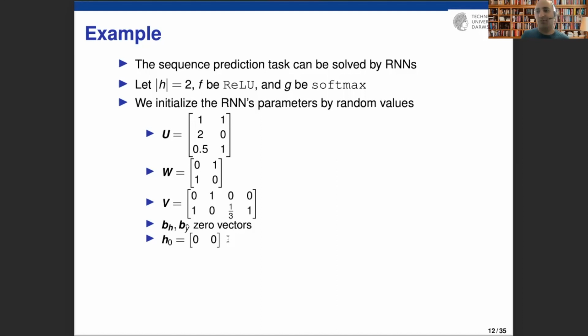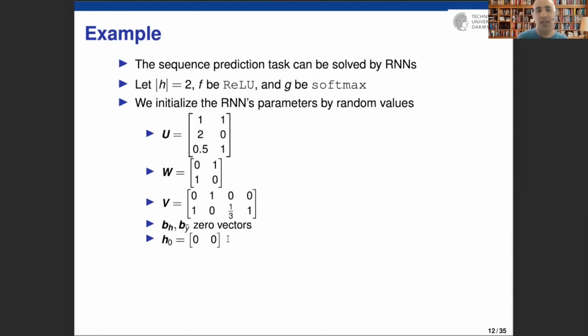The first activation function f is used for the hidden state, and we define it as a rectified linear unit. The second activation function is used for the output layer, y hat, for which we use softmax. Why? Because we want to predict probability scores over different POS tags.